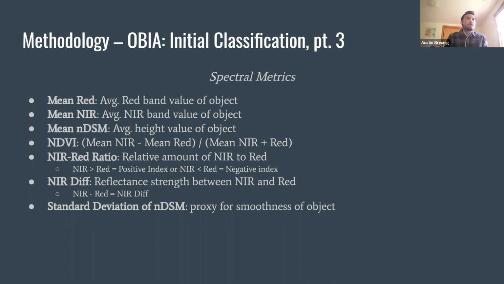These are the spectral metrics that I chose to use for the initial classification as well as the correlation test. The reason being is that these bands or indices are really indicative of differentiating between vegetation and impervious surfaces, which is the real key when you're looking at urban land cover.